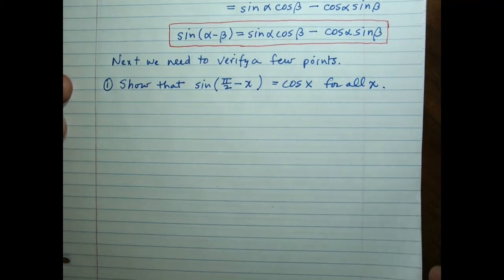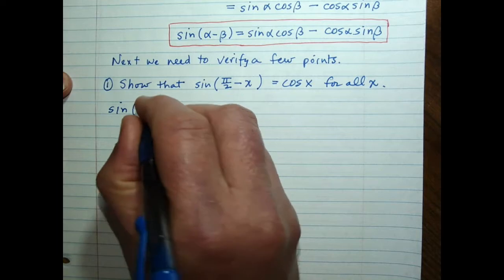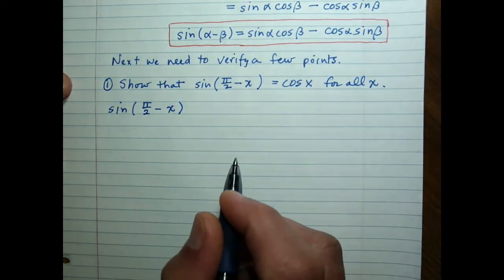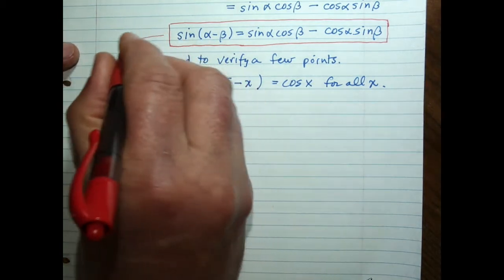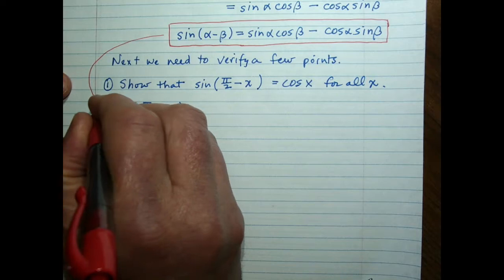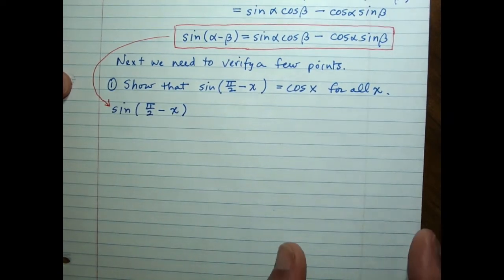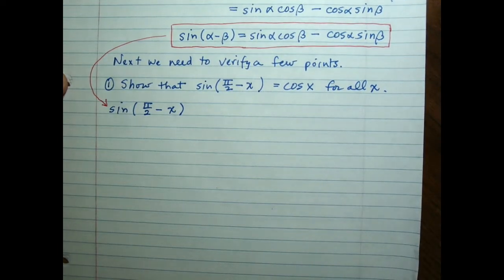And so here's how I'm going to do it. And this is a good little illustration of how we use these identities. I'm going to use the second red box, the sine of the difference identity here, and I'm going to apply it. But instead of having an alpha and a beta, I have a pi over 2 and an x, right?